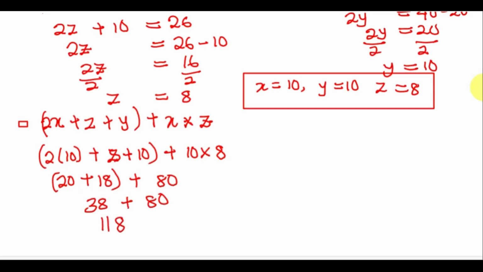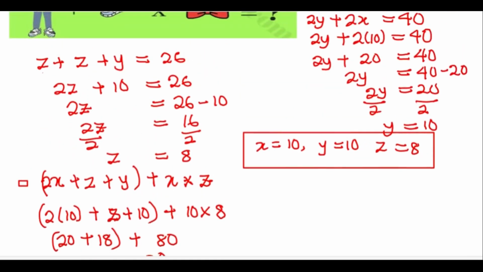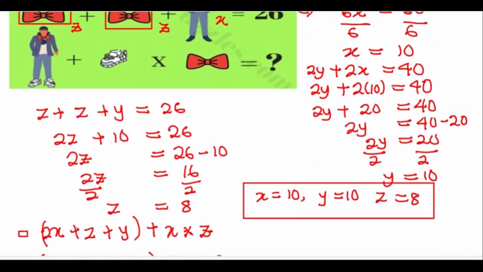Therefore we conclude that the man with the bow tie and a pair of boots, plus a boot multiplied by a bow tie, will give us 118. That is the solution.